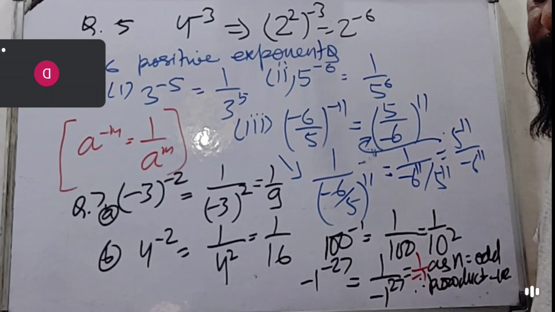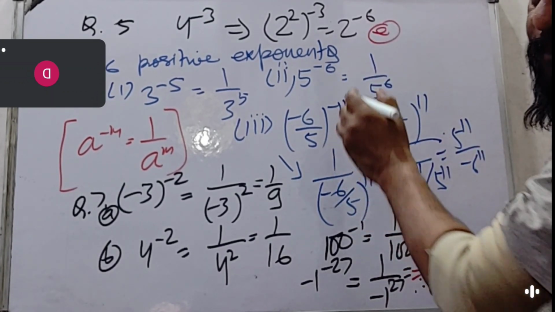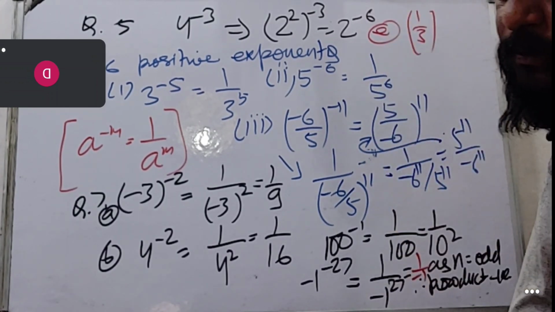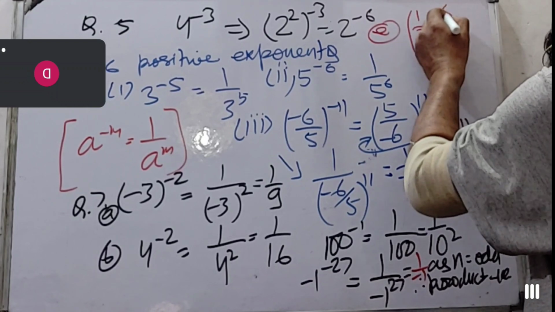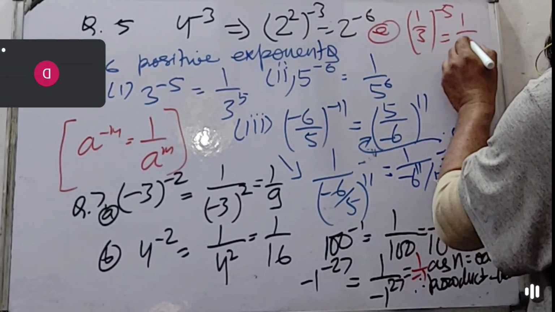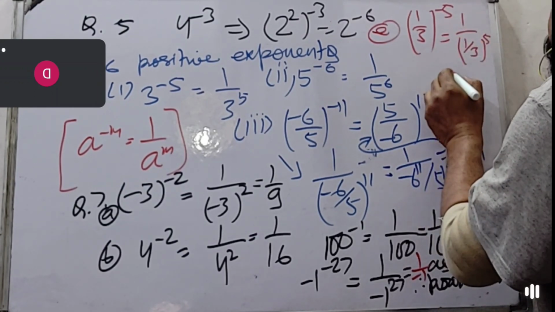But the last question is E, 1 upon 3 raised to the power minus 5, will be 1 upon 3 whole power 5.